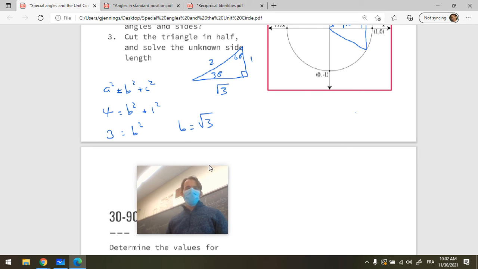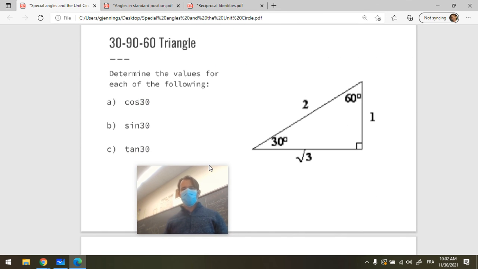Now, when we're looking at the 30, 60, 90 triangle, we have our 1, 2, root 3 there. This is 30 degrees, and we just showed that with an equilateral triangle cut in half. So what would cosine of 30 be? Let's actually take a look at sine 30 first. What's the sine of 30 degrees?